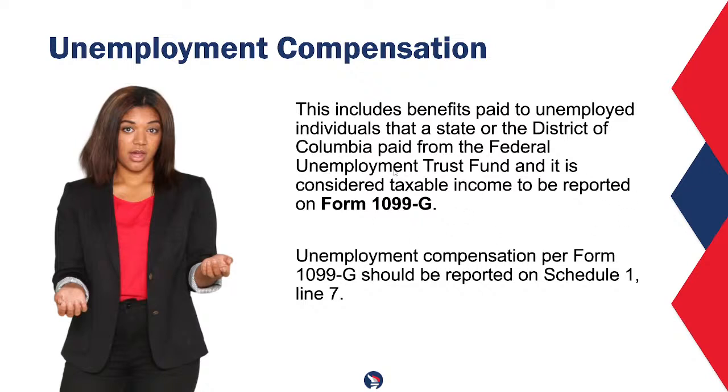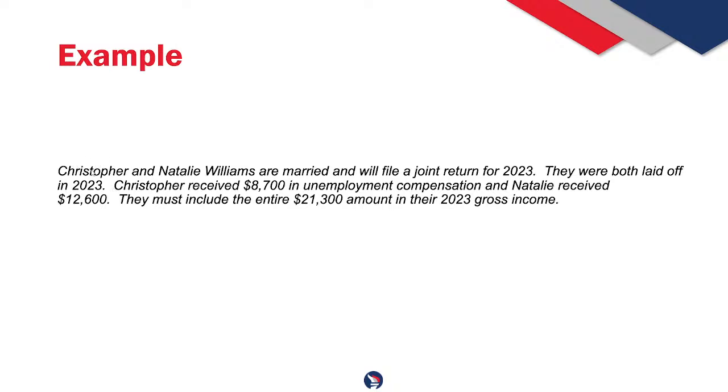1099-G is the form that this is reported on. Unemployment compensation per Form 1099-G goes to Schedule 1, Line 7. Schedule 1 has a lot of the other income items on it. Christopher and Natalie Williams, married, filed a joint return for the year, both laid off for the year.